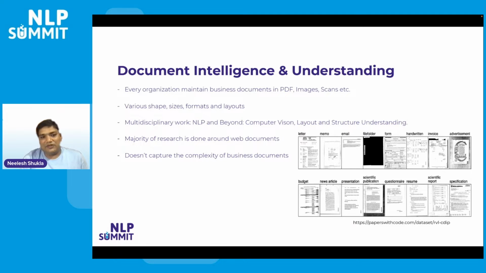Let's say in English you have a grammar, in a web you have metadata behind it, but in documents it's very hard to get all these things. And so it's quite challenging to get an understanding of a document based on that.